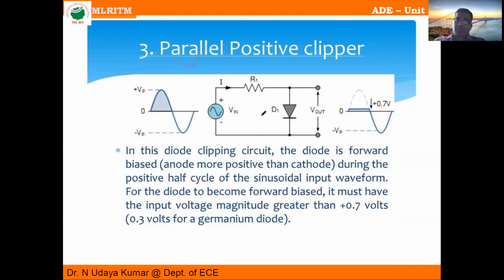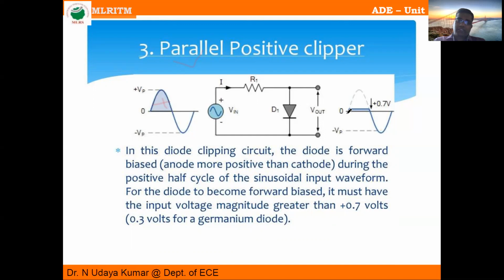Similar to the previous one, the input is given. In the first half the diode is forward biased. Forward bias means the output will appear across the load.